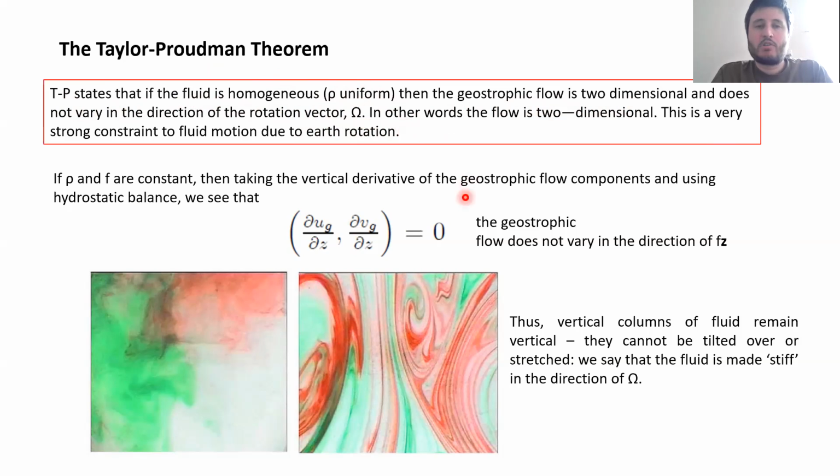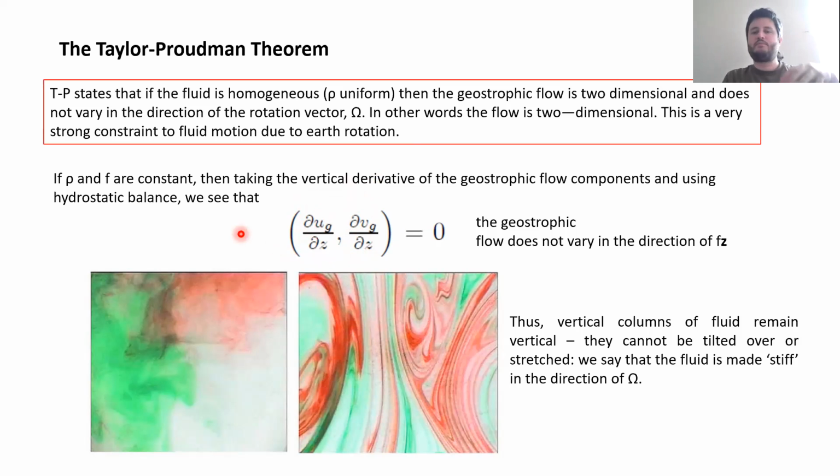Basically, what it comes to say is that if we take the vertical derivatives of the geostrophic flow and we use hydrostatic balance, we've seen that the geostrophic flow doesn't change with altitude. So ∂u/∂z does not vary in the vertical direction.